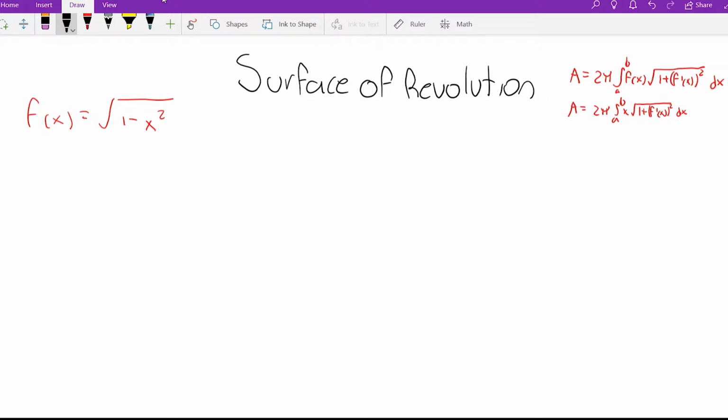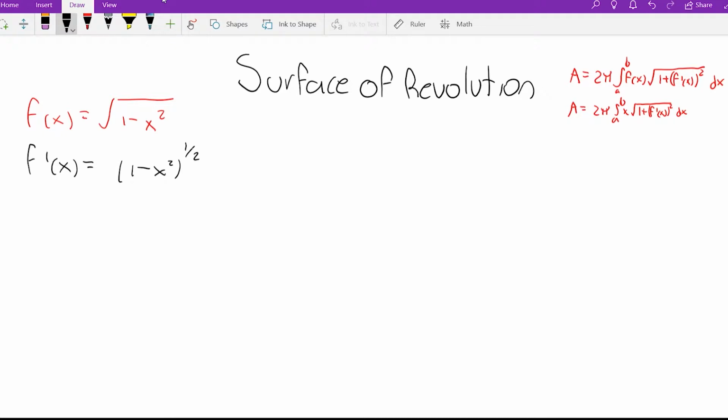So the first step is to derive the function. So f prime of x is going to be, we will write first the function so it is going to be easier for us, 1 minus x squared to the power of 1/2.